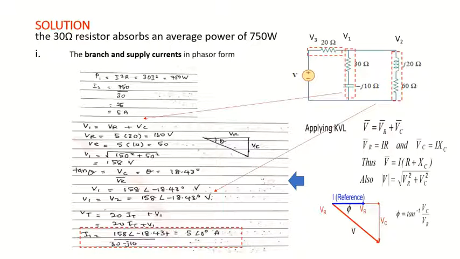With this magnitude you will get the V1 magnitude voltage. Thus you can get the angle of the voltage. By the voltage triangle formula, the phi or theta here is equivalent to the inverse tangent of VC divided by VR.